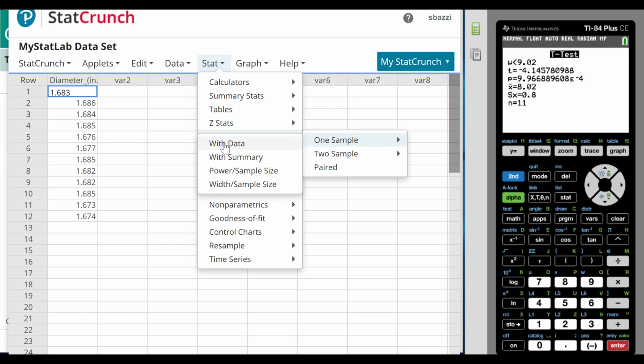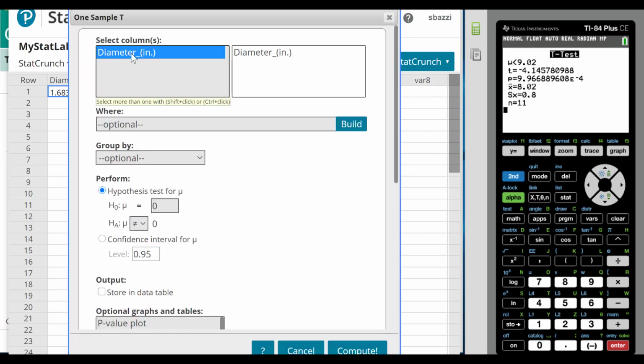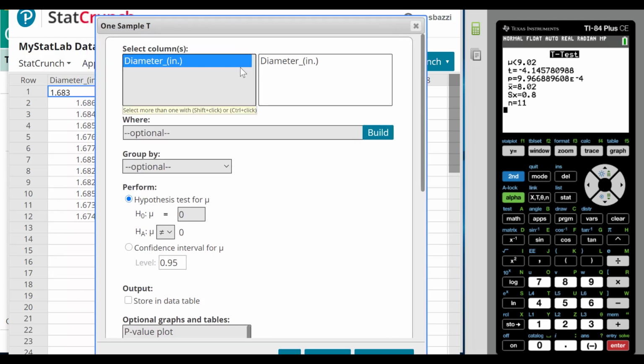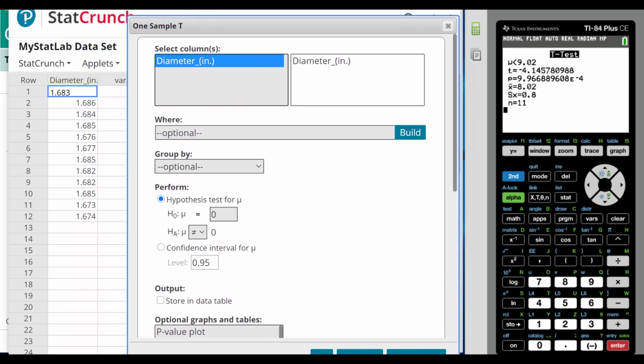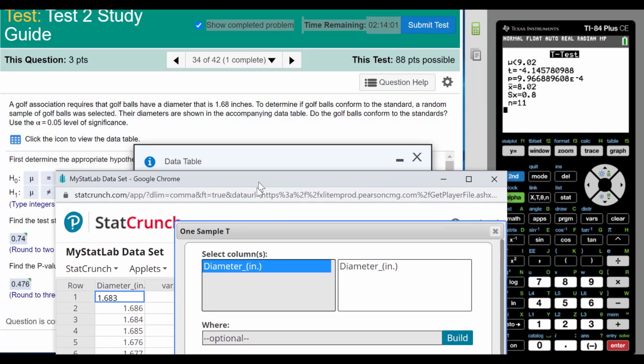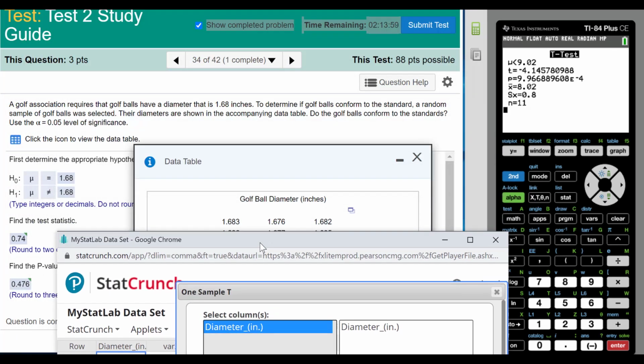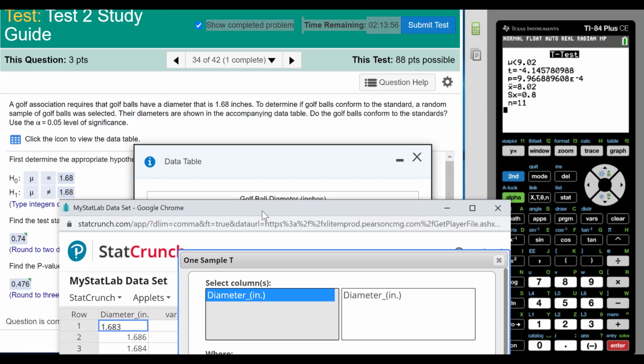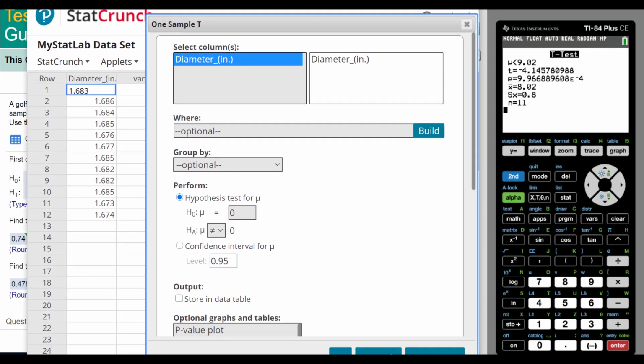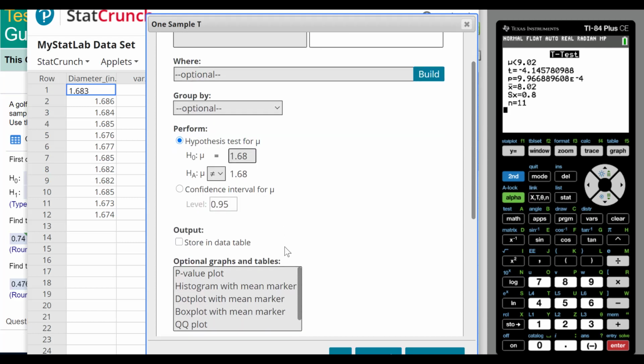I have the data here, so with data, the data is the diameter, and we're going to run a hypothesis test. And what's the value that he's asking us to test against? He says it used to be 1.68 and we want to check if it is still 1.68. So you put 1.68. And if this is equal, this one is not equal. So we'll just use not equal and compute.